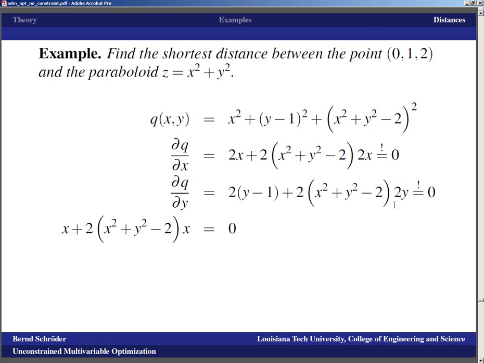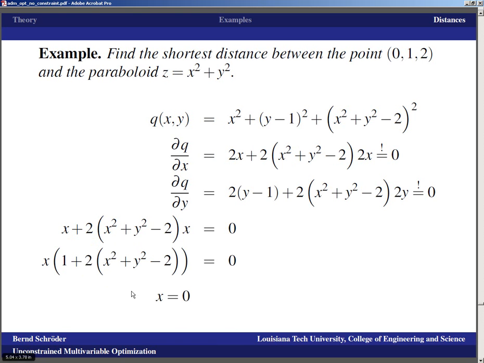This one is a little bit rougher than the other ones, so let's first just take a look at the first equation. If I cancel a 2 here, I end up with x plus 2 times (x squared plus y squared minus 2) times x equals 0. And I can see here, if I factor out an x, I end up with x times (1 plus 2 times (x squared plus y squared minus 2)) equals 0.